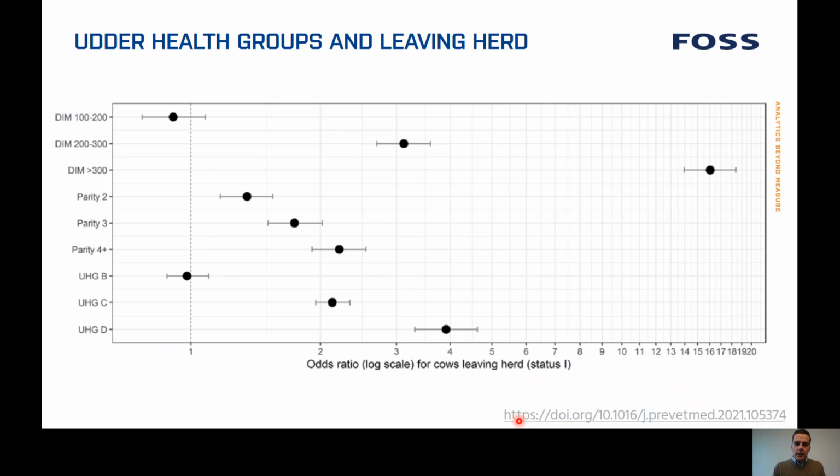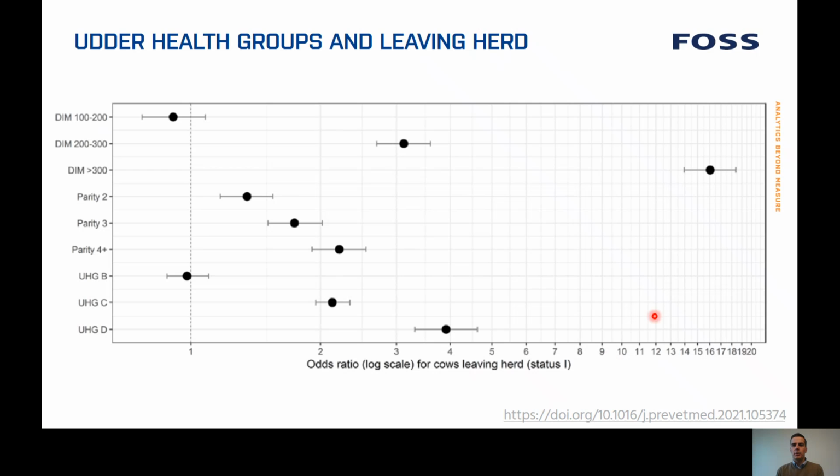In yet another study, we have investigated the other health group concept again and looked at what are the odds, what is the risk for cows leaving a herd, for cows being slaughtered.